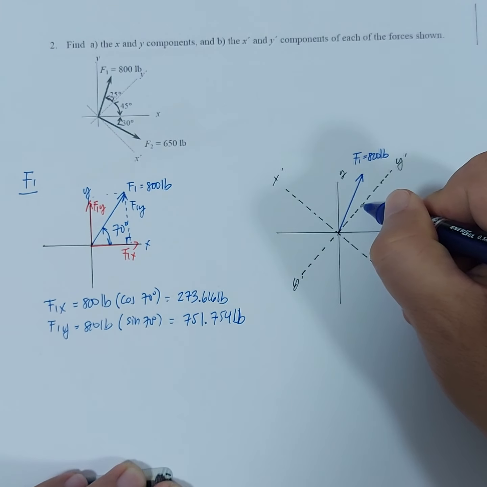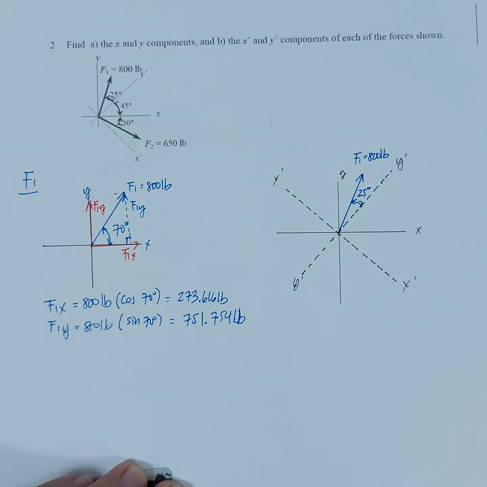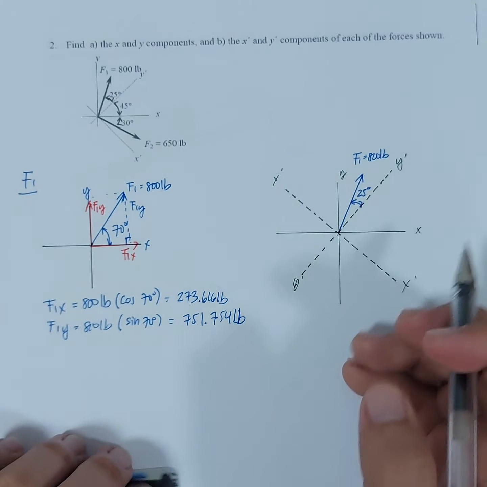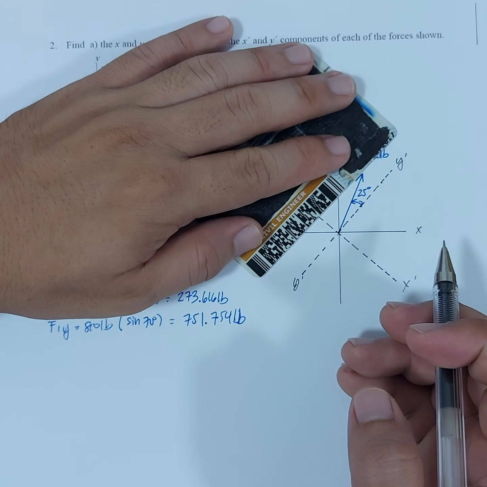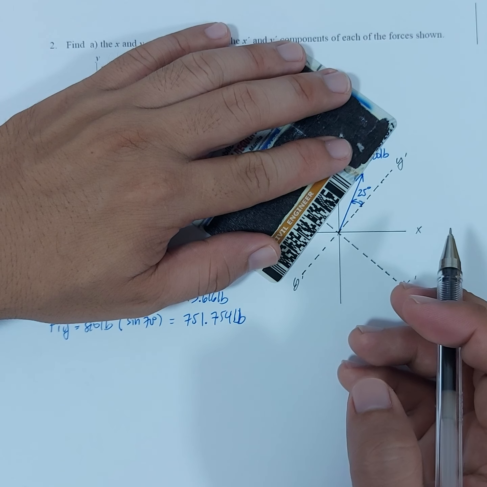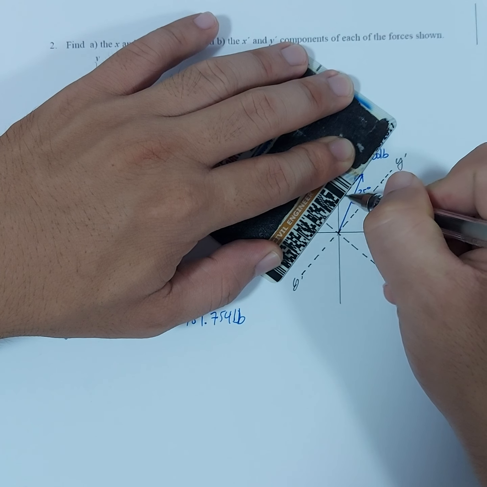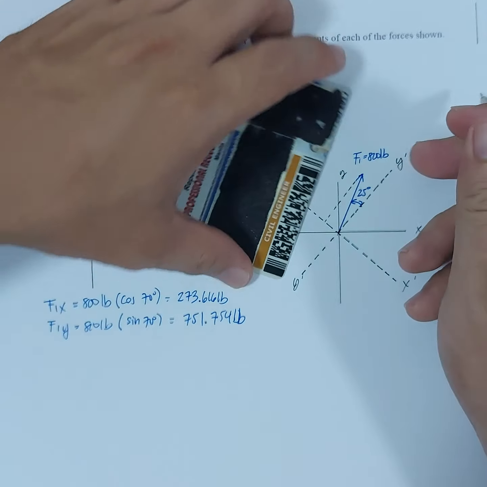So this is 25 degrees yung angle natin na yan. And yung components natin, applying the parallelogram law. So anong gagawin natin pag parallelogram law? From the tail or from the head of the force, drawing lang tayo ng rectangle.